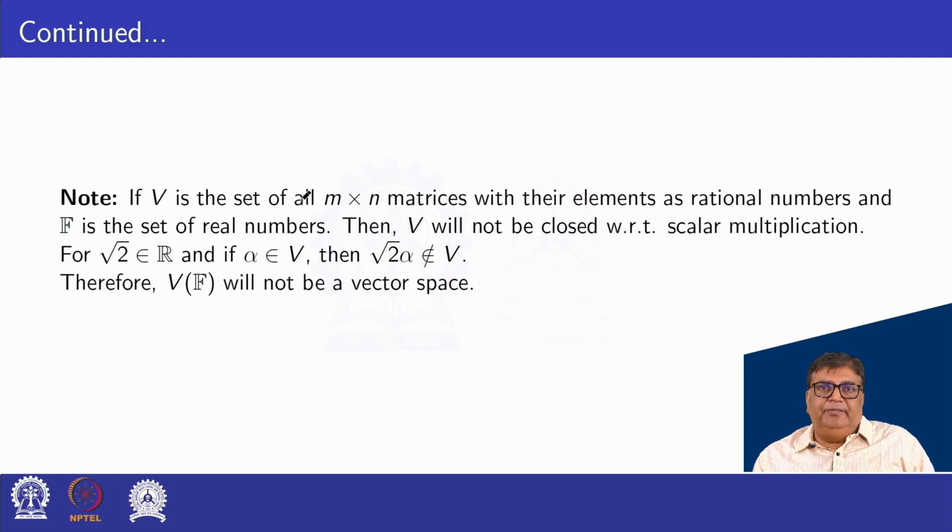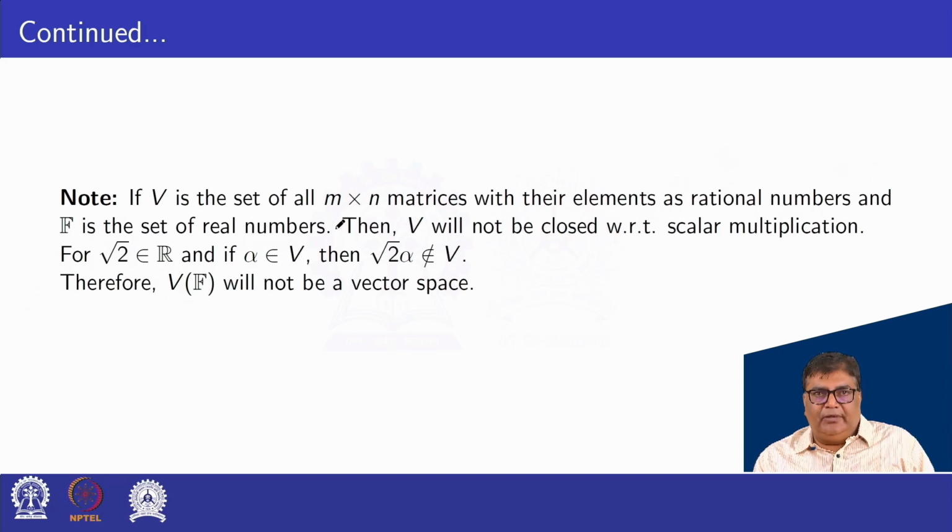But if V is the set of all m cross n matrices with rational number elements and F is the set of real numbers, then V will not be closed with respect to scalar multiplication.